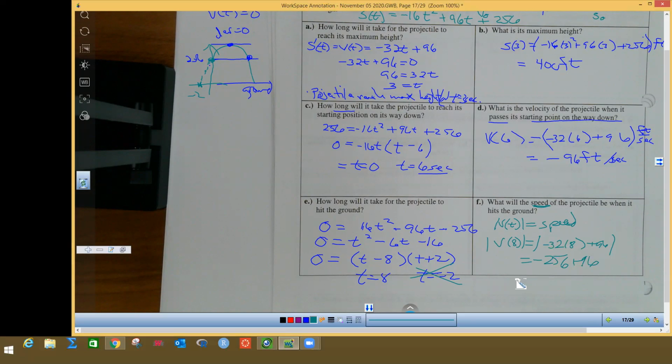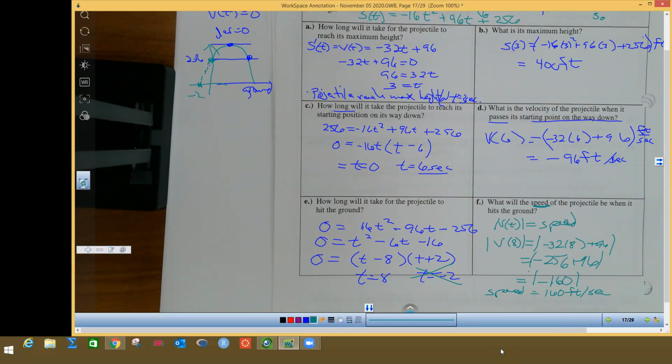So that'd be -160, right? But it's an absolute value. So the speed when it hits the ground would equal 160 feet per second.